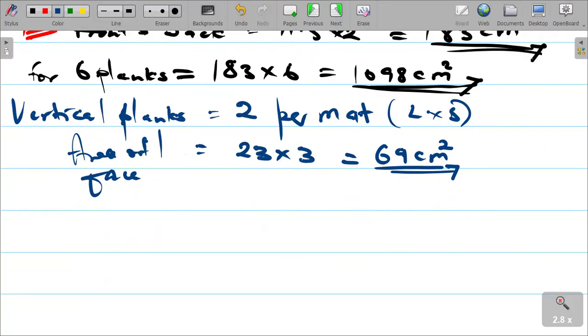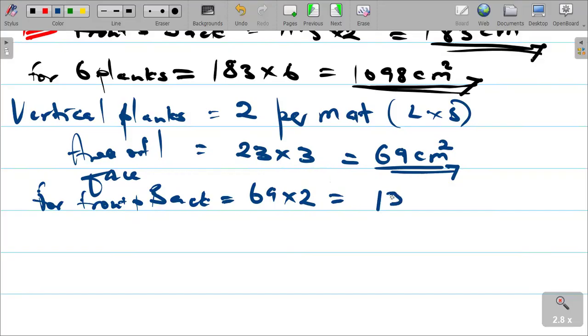So for front and back, because 69 is for one side, we have 69 multiplied by 2, which gives us 138 square centimeters. This is for one plank.